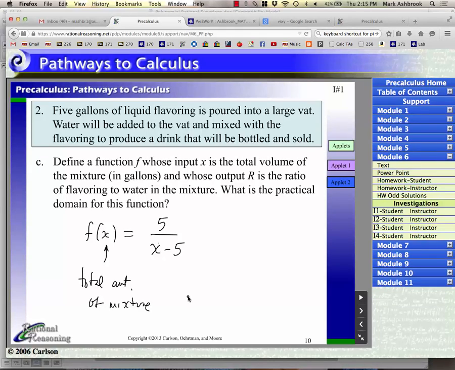So we can't, but what we can do is look at what the next question says. What this means is, let x get really, really close to 5.